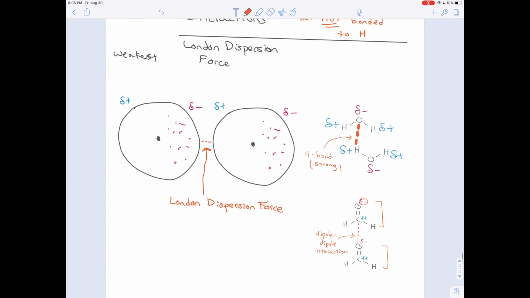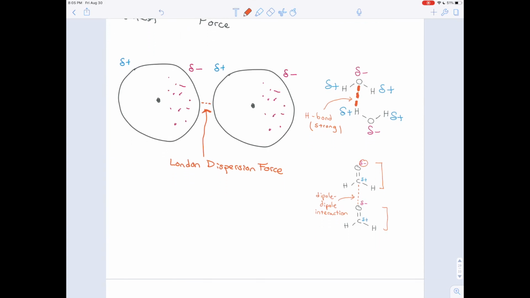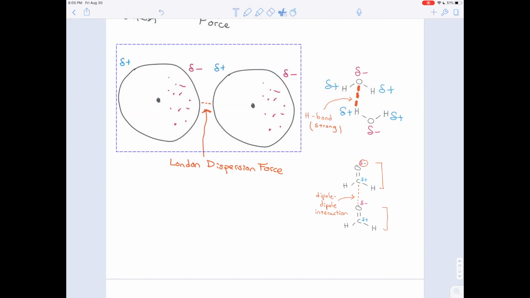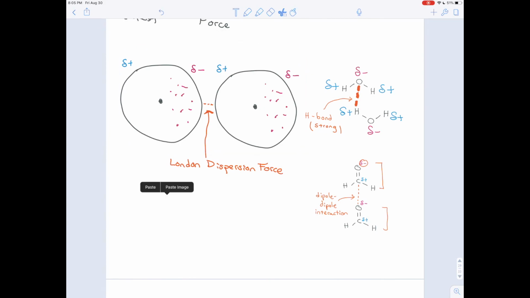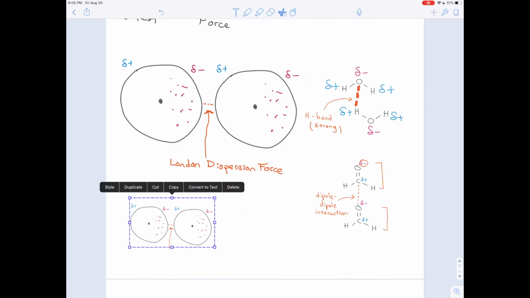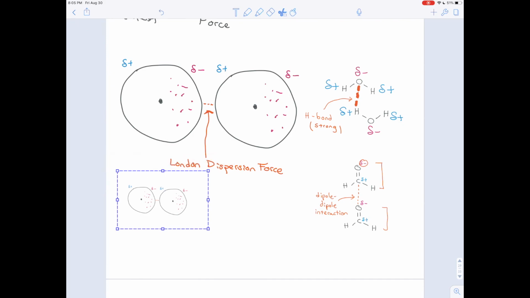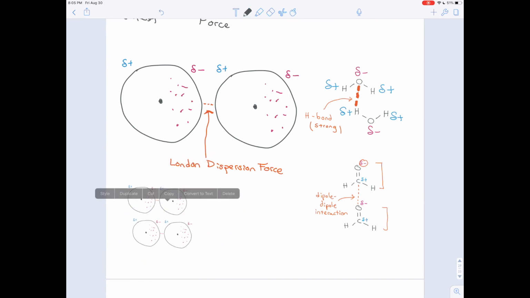Now the key thing to remember with London dispersion forces is that they're more significant the more atoms come into contact. If you just have two atoms come into contact like we have here, then there's only one place where you could have that London dispersion force, the place that we drew. But imagine having, instead of just one, what if you had a molecule where these are bonded and these are bonded?